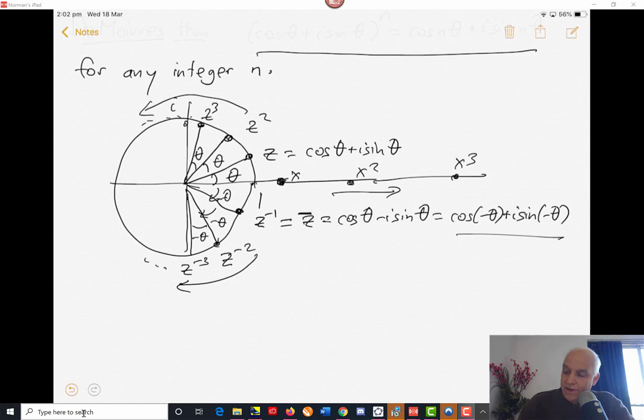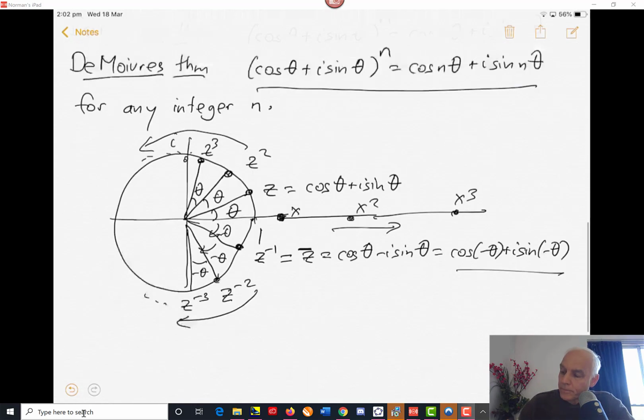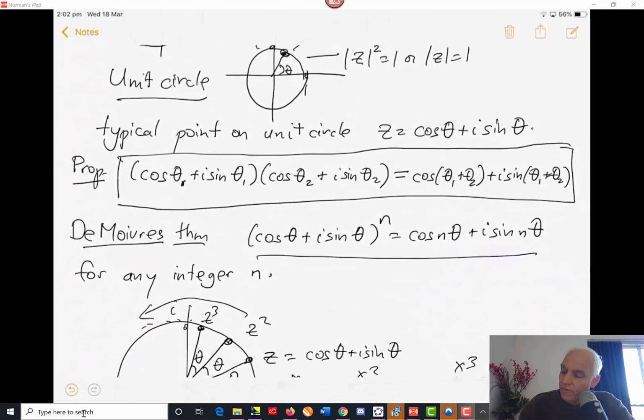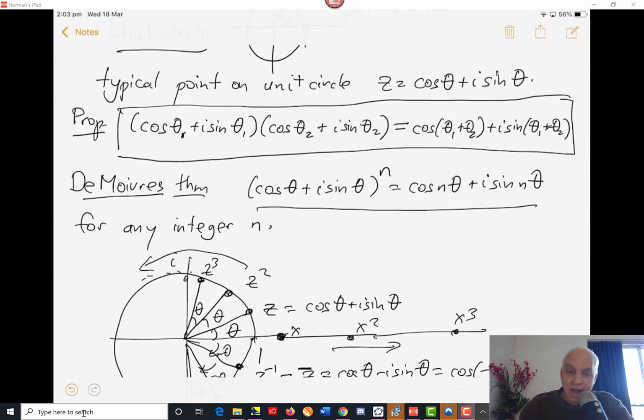But here we're going around the circle as we take powers. So that's quite interesting. Now, as for the proof of de Moivre's theorem, that's in some sense almost obvious from this diagram. If you understand geometrically what we're talking about, we've just seen that you just add the arguments when you take powers.